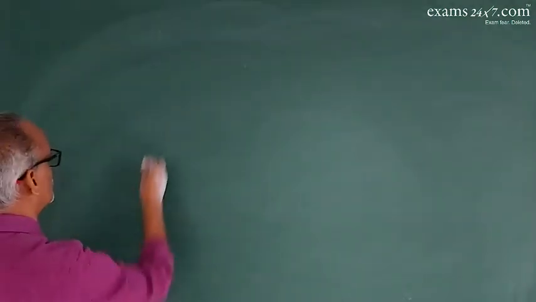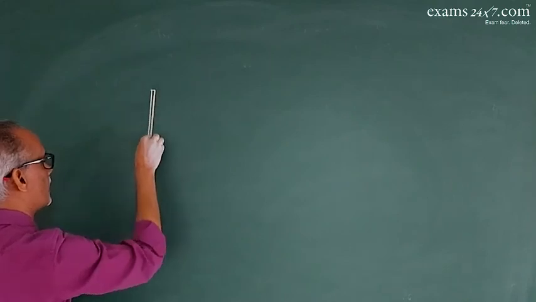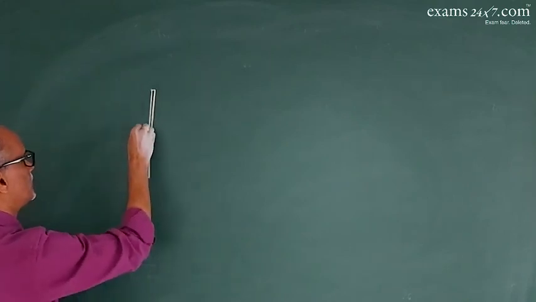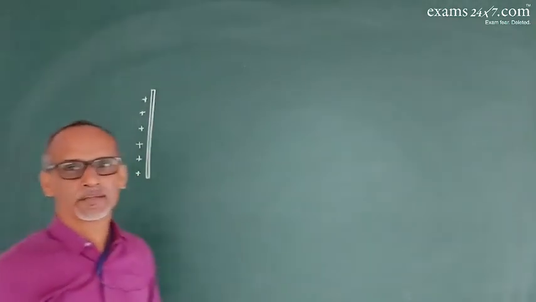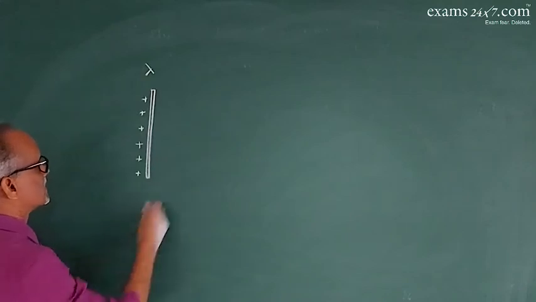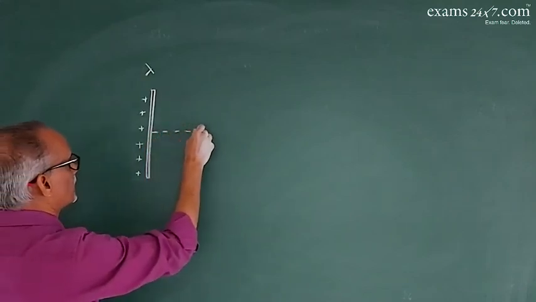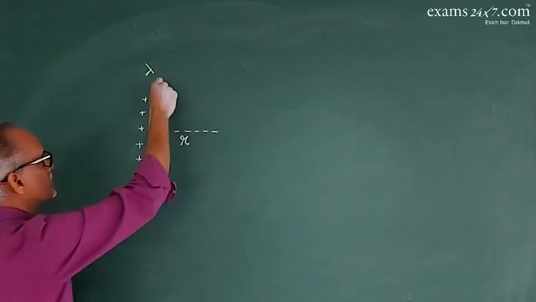So what is the expression for the electric field due to a uniformly charged thin wire having lambda as the linear density, and r is the perpendicular distance?